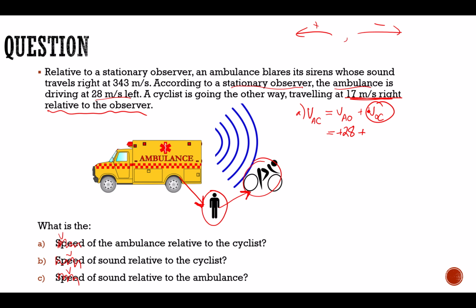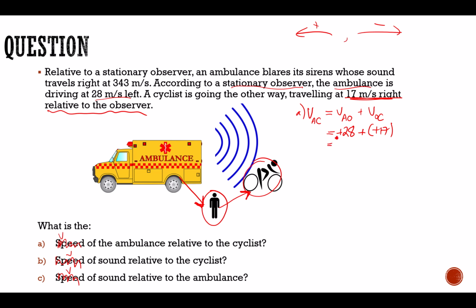If you want to switch the perspectives of two observers, you simply switch the direction. So whilst it is true that the cyclist relative to the observer is traveling 17 meters per second to the right, the observer relative to the cyclist is traveling 17 meters per second to the left. So that means positive 17.